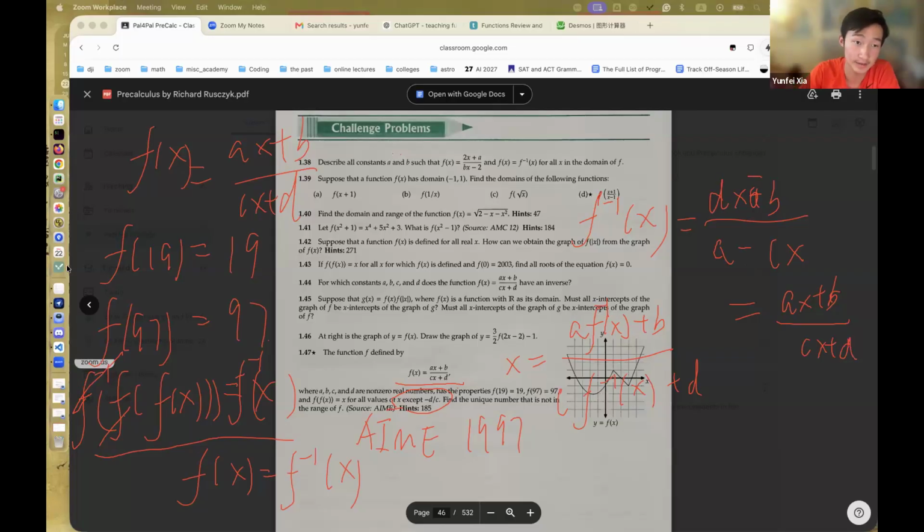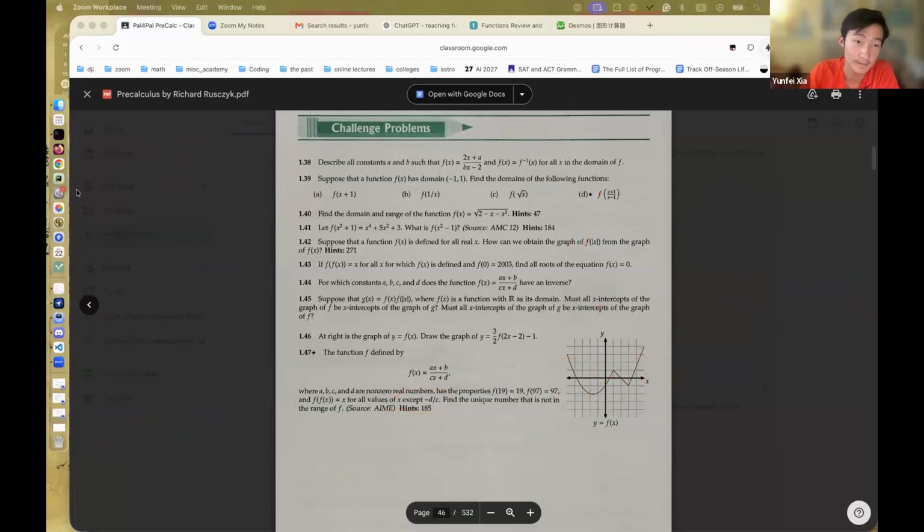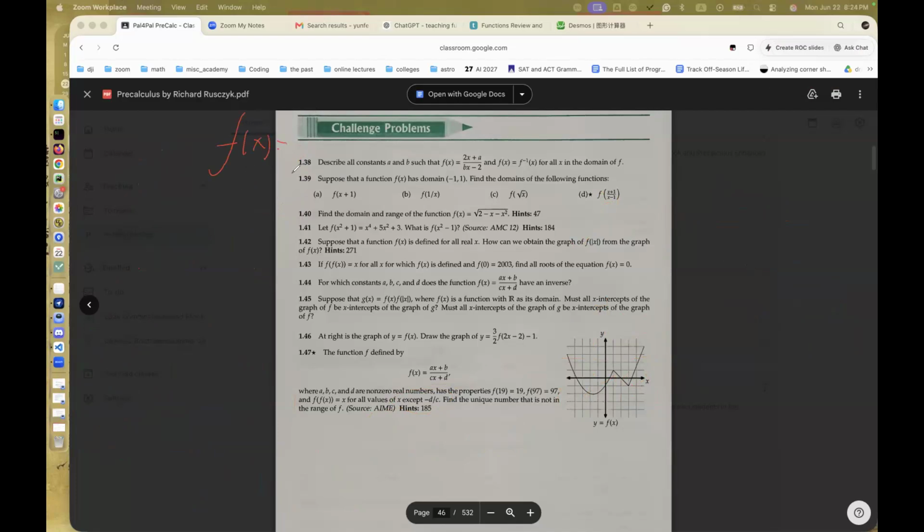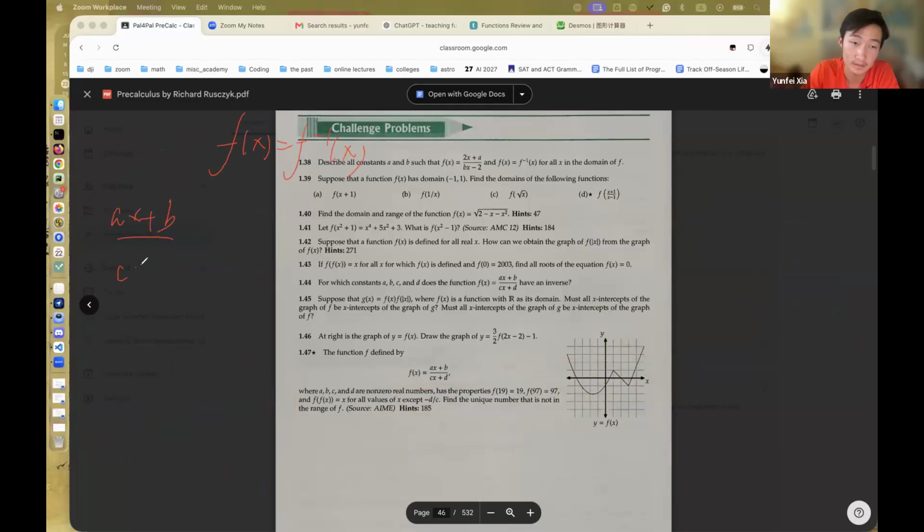all right. And now what can you do? You can set them equal, and then we also have f of x equal to f inverse of x. Right. So this is not that easy to deal with, but you can cross multiply.